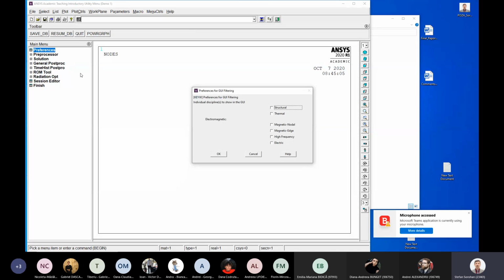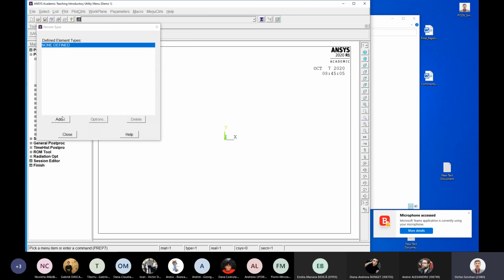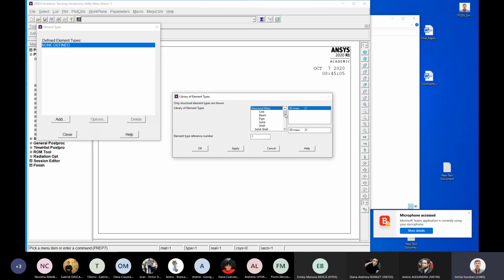So as you can see, this finite element program can be used for structural, thermal, and electromagnetic fields. I will take structural, and here you can see that we have a lot of finite elements: quad, bricks, tetrahedral, axisymmetric elements.